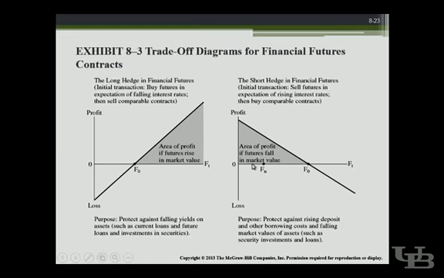Let's take a look graphically at what we just talked about before. If market interest rates were to rise, this is the price of the security today, F0. As market rates rise, the securities values will fall. So this particular graph will go to the left. This is a shaded area.